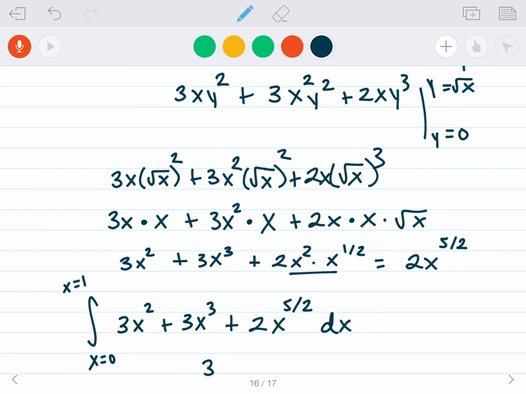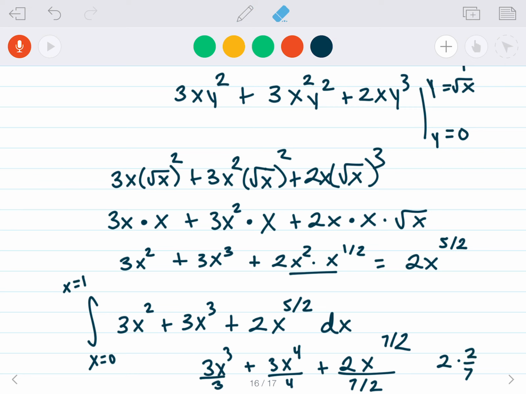So we have 3x cubed over 3 plus 3x to the 4 over 4 plus, 5/2 plus 1 is 7/2, so 2x to the 7/2 over 7/2, which is just times 2 over 7, so 2 times 2 over 7 is 4 over 7, so I'll change that to 4 over 7 just to make it look a little bit neater. Okay, and we're going from 0 to 1.